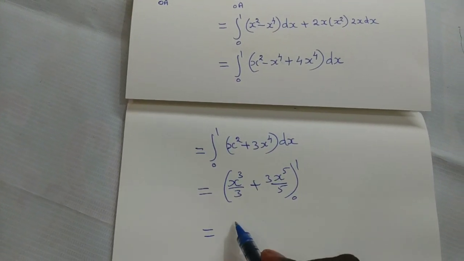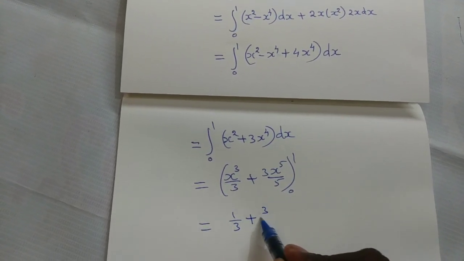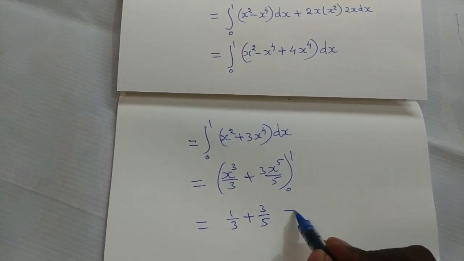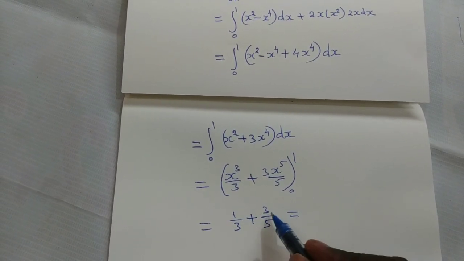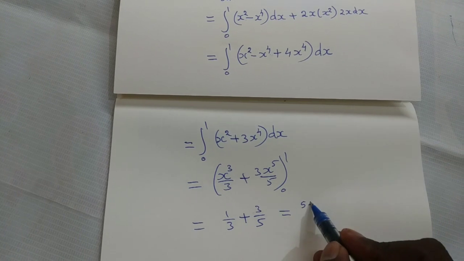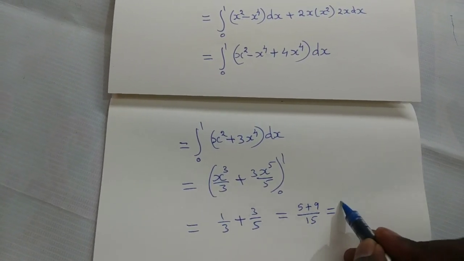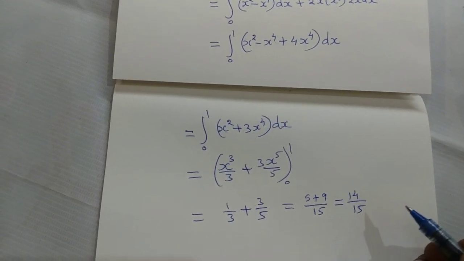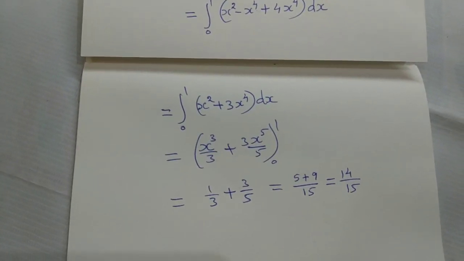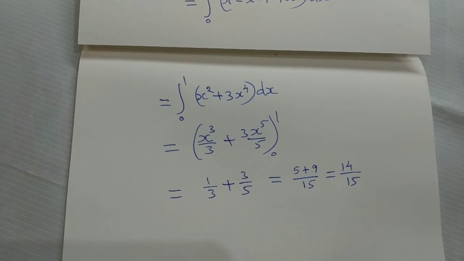Substituting the upper limit, 1 by 3 plus 3 by 5, and the lower limit 0 can be left. So 5 plus 9 by 15, that is 14 by 15. So this is the integral over OA of u dx plus v dy.